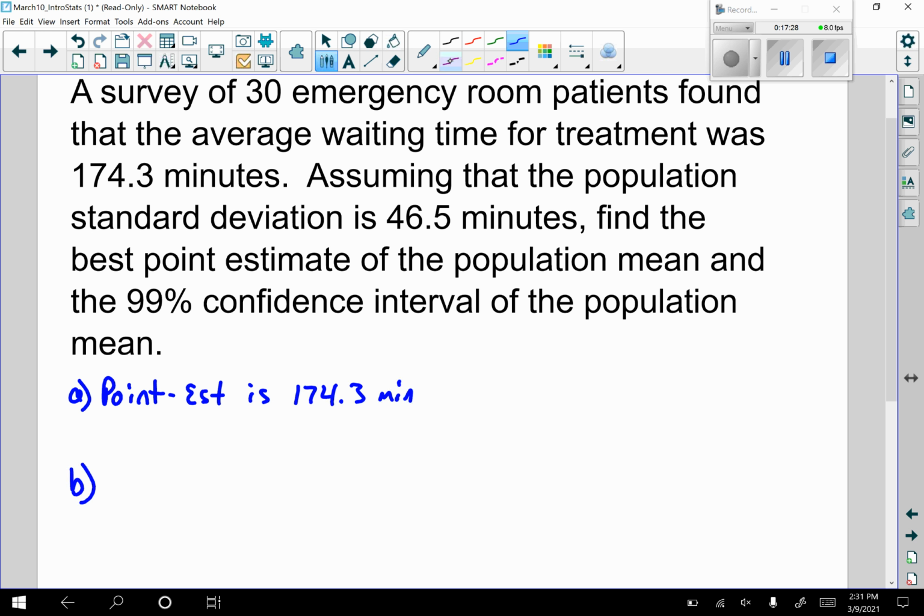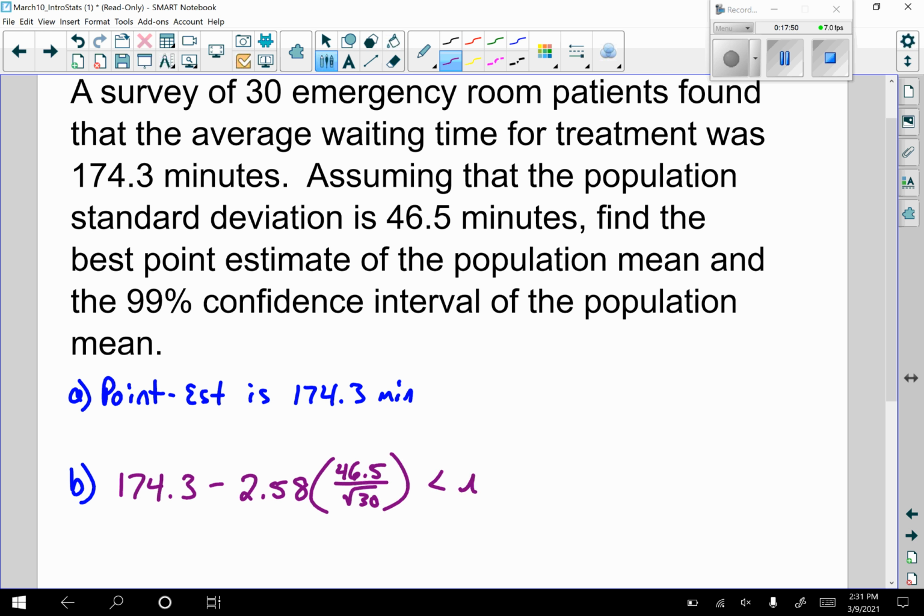For part B, we're going to start with that sample mean, 174.3. We're going to subtract, 99% means we're working with that 2.58 times, we'll have 46.5 divided by the square root of 30.